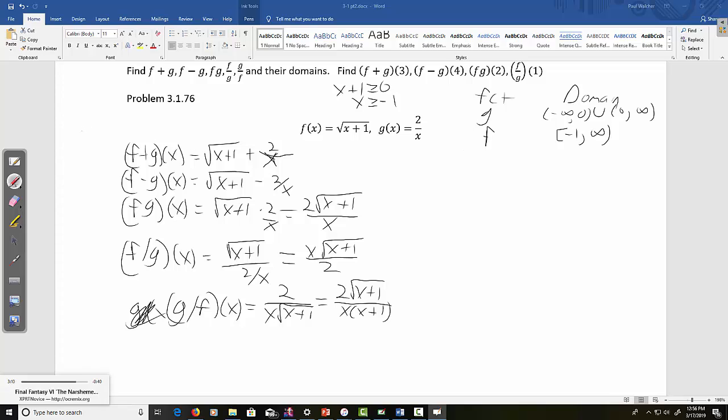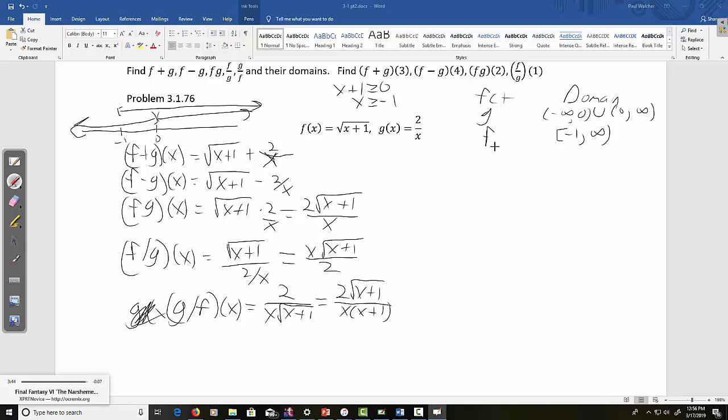So if you look at those two sets, f is negative 1 to infinity, and g is everything off this direction and everything off this direction of 0. Well, the intersection, the set of numbers that would be in both sets, would be in between here, negative 1 and 0, and then 0 to infinity.